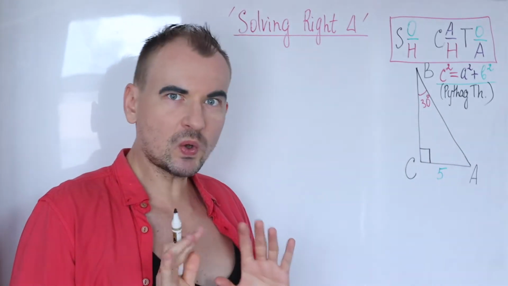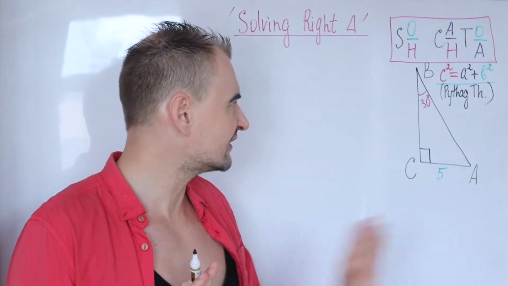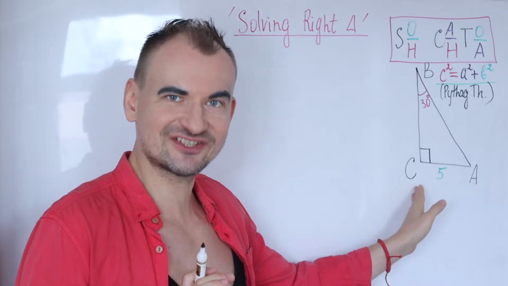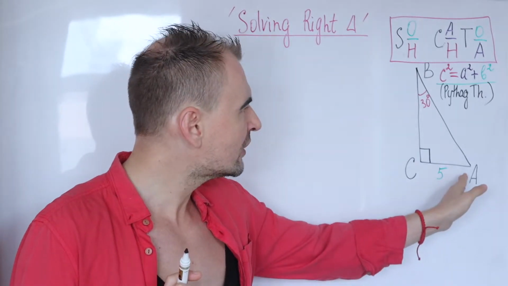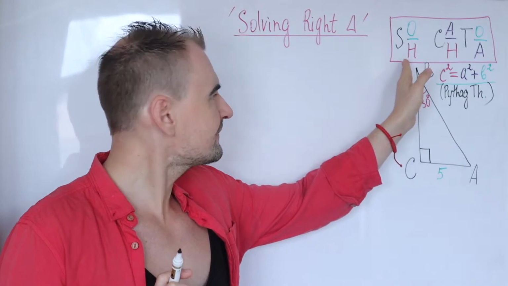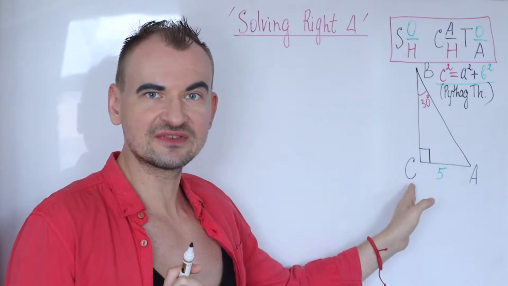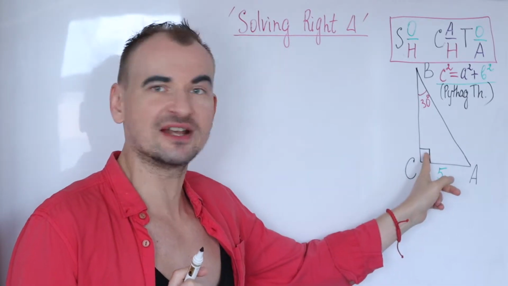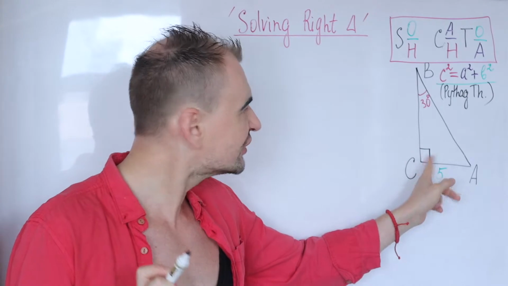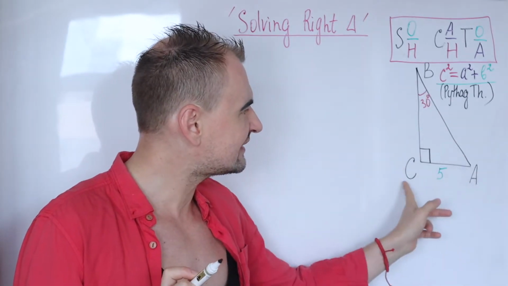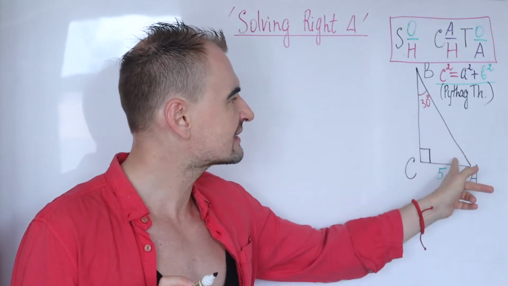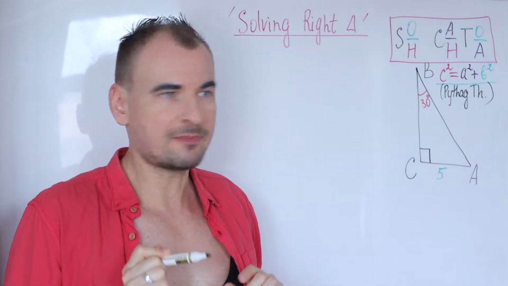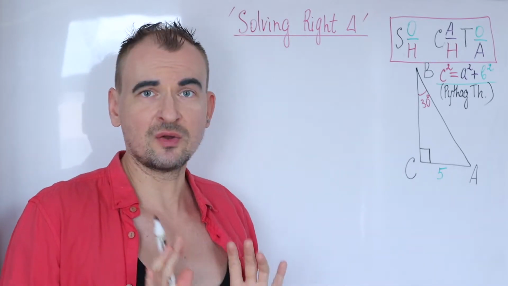And all you need to do for your triangle ABC is find the missing sides, which are AB and BC, and also you are not given one angle, since this one implies to be 90 degrees. So this angle BAC, or angle A, or CAB, it's the same thing, is unknown also. So we need to come up with this angle also.